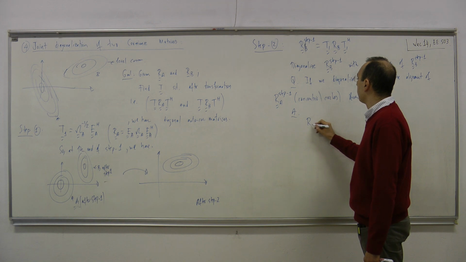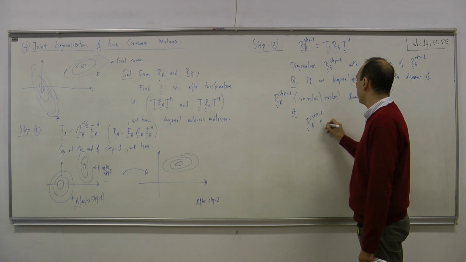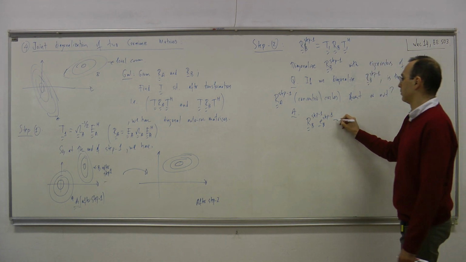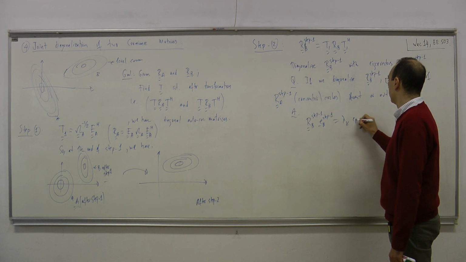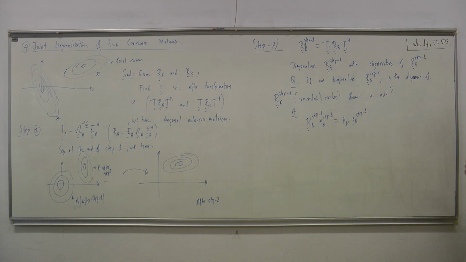So this is RB, step 1. Let's say that it has eigenvectors EB, let's say step 1, with eigenvalues lambda K. Okay.